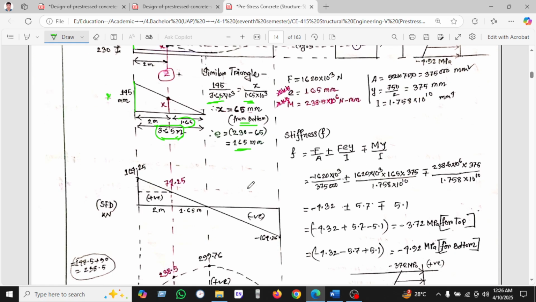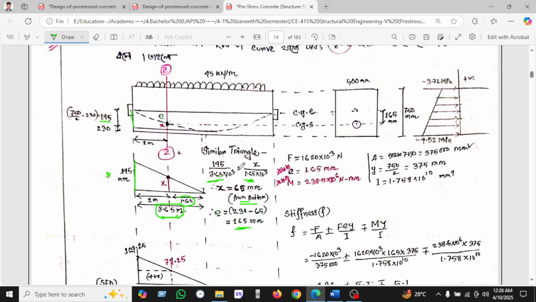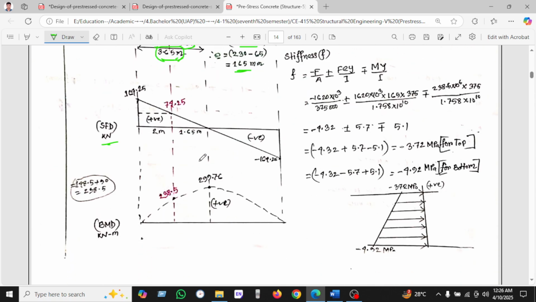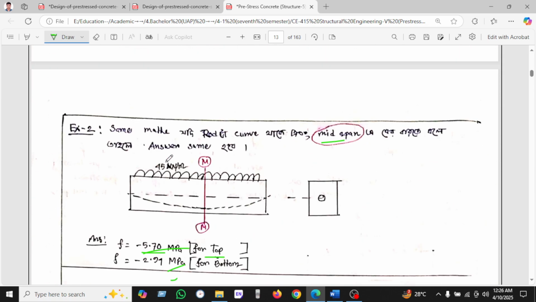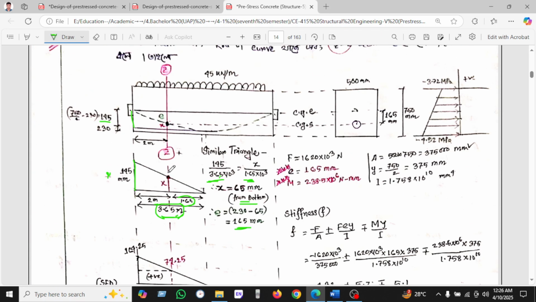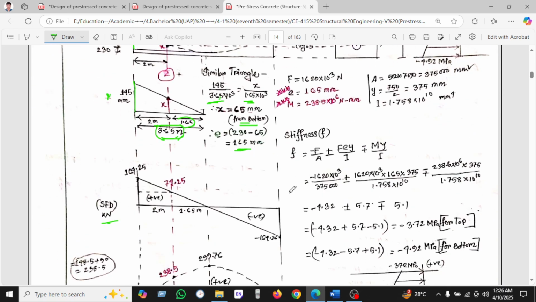Okay, and now we are drawing the shear diagram, as we have found all the values from the previous math. You can see here 45 kilonewton per meter is the UDL load. So it will impose the 45 UDL load and 7.5, and it will be divided into two, which is 165 upward.